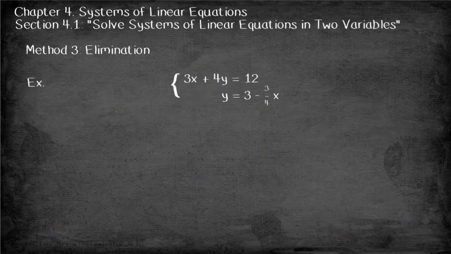All right, last example. Here we have 3x plus 4y equals 12, and y equals 3 minus 3/4 x. So first of all, we want to get the equations into standard form, which means we want x and y on the same side of the equation. So in the second equation, I have to add 3/4 x to both sides.